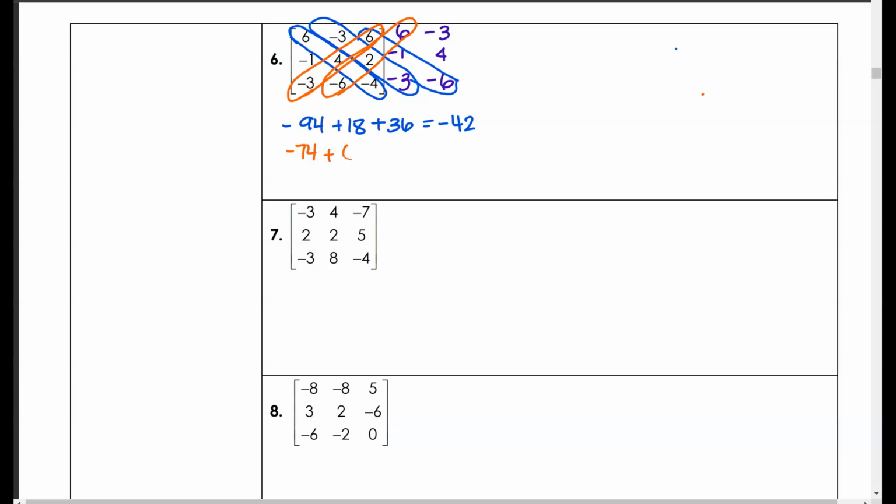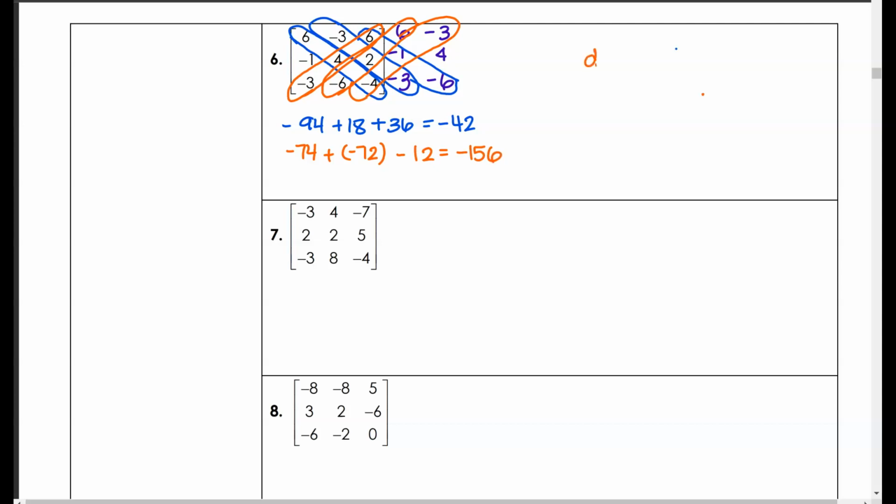That's going to give us a negative 72. And lastly, we have 4 times negative 3 times negative 1, which will give me a negative 12. All right, so negative 74 plus negative 72 minus 12, that's going to give us negative 156.